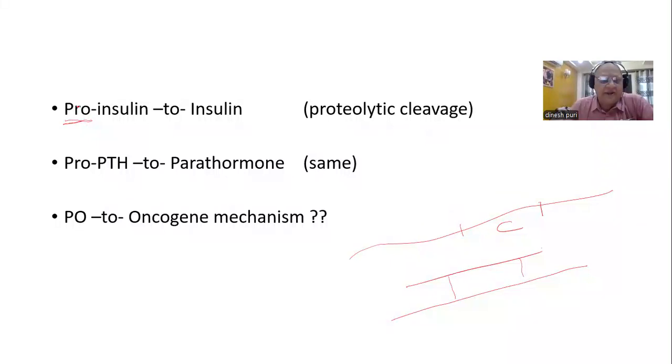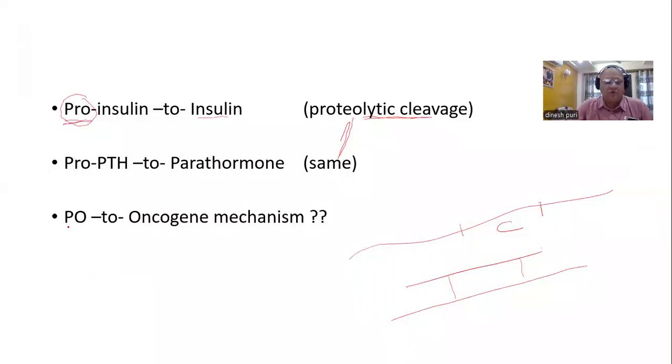But the important point here is that the pro form is converted to the final insulin and the mechanism is proteolytic activation. Likewise, pro-parathormone, PTH abbreviated, is converted to fully active parathormone by the same mechanism of proteolytic cleavage, removal of a peptide group.